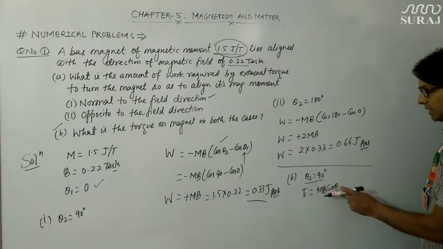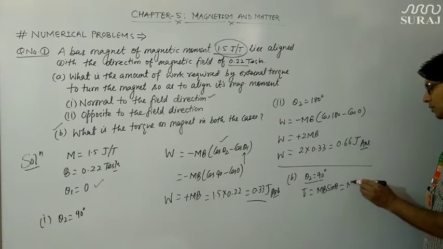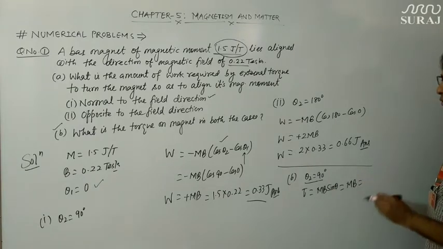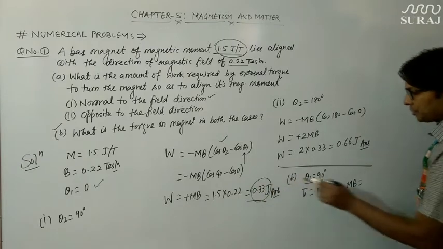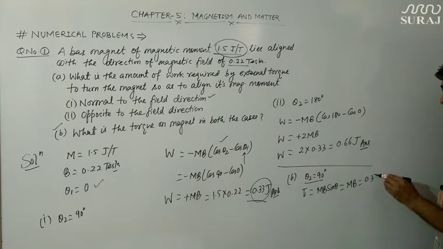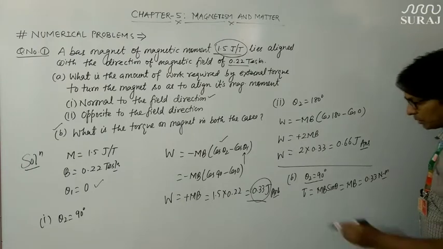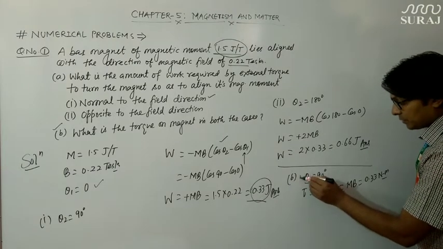So when theta is 90 degree, torque is maximum, which is equal to mB, and the value of mB is 0.33, and the unit of torque will be Newton meter. That was the first case.